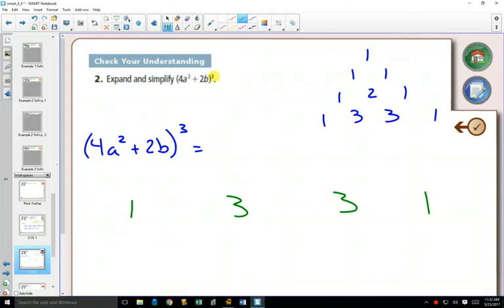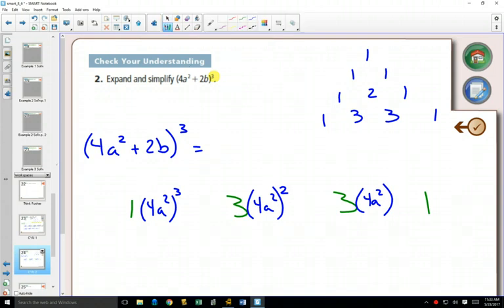Then, in our first term, the 4a squared, you would start off with 4a squared 3 times, then 4a squared twice, then 4a squared once, and in the last one there would be no 4a squareds.